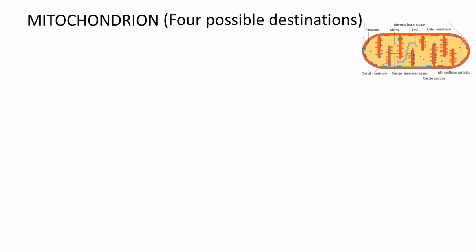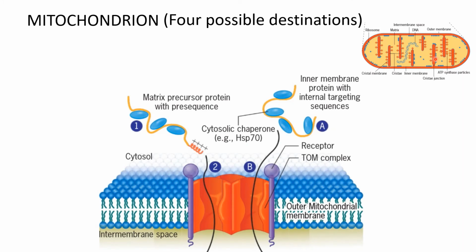And number 4, it can be the matrix of the mitochondrion. So the proteins can have any of those 4 as destinations. In the mitochondrion, the protein which is already folded needs to be unfolded again before it can pass through this translocon of the outer mitochondrial membrane.